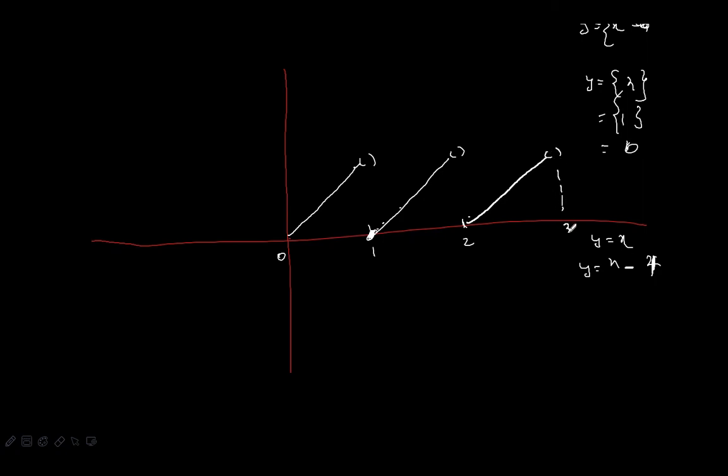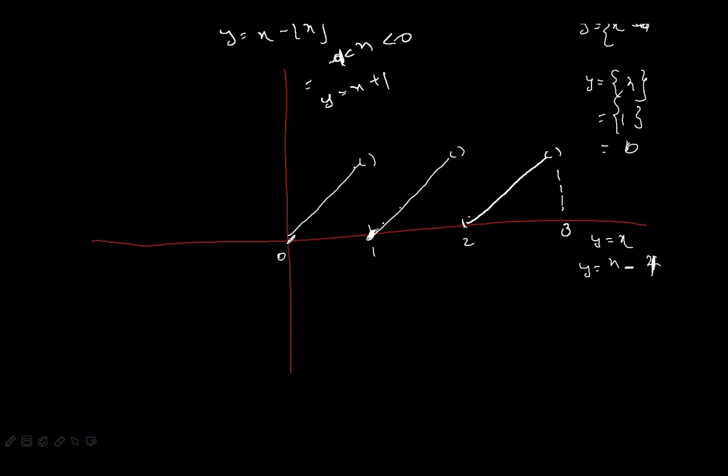For 3 and so on. Suppose we take x less than 0, y equal to x minus step x. For x from minus 1 to 0, y will become x plus 1.